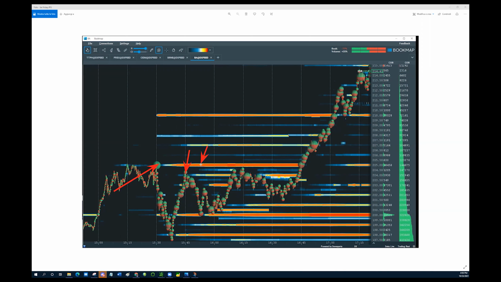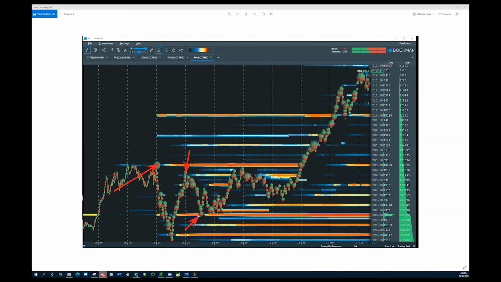And we have also these orange levels. The darker the color, the stronger the orders they represent. For example, over here we'll have resistance at 205. We have an important support at 200, and also another important support, 198. Once we form this high, we don't go more to the previous low over here.